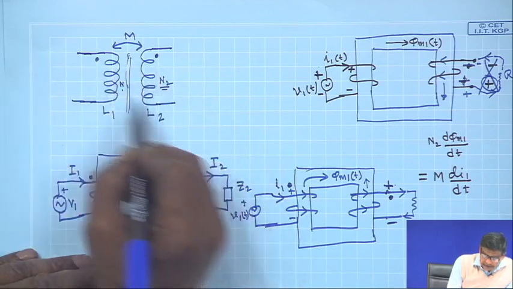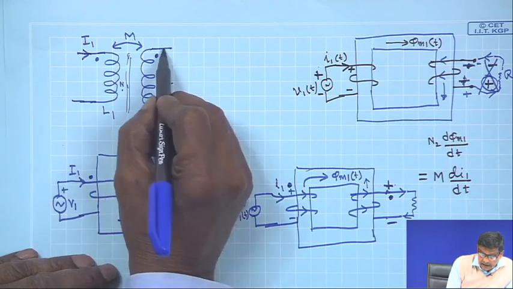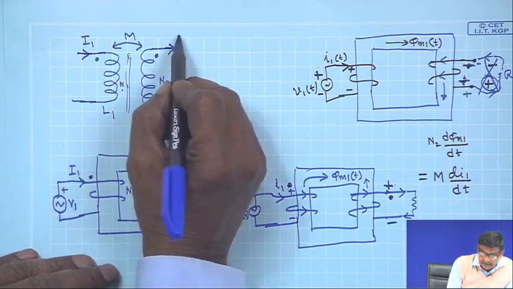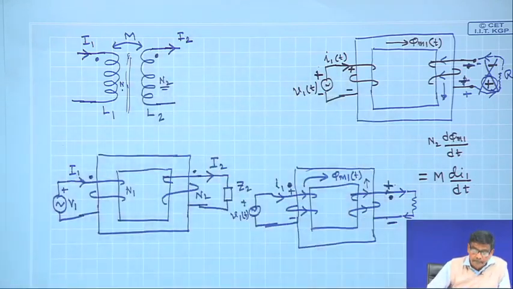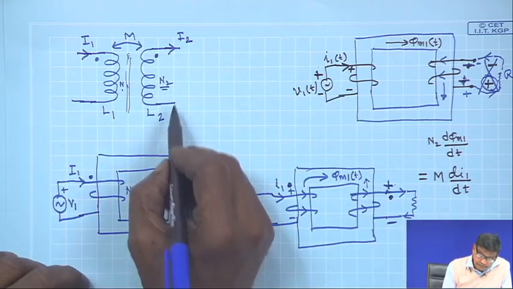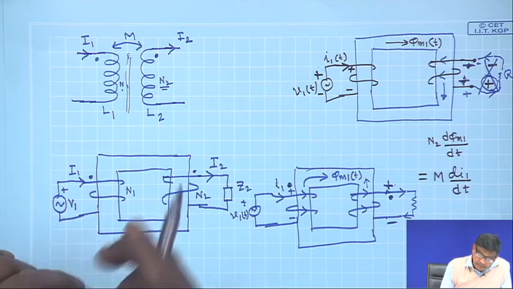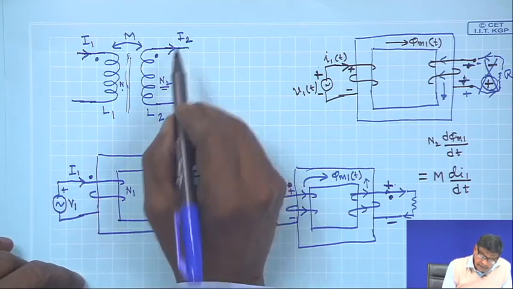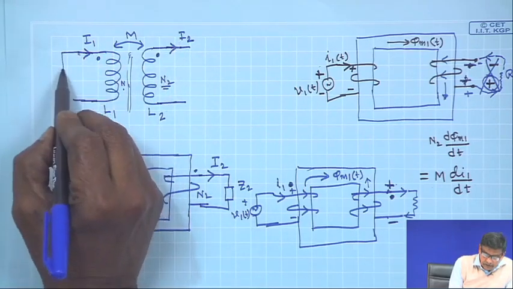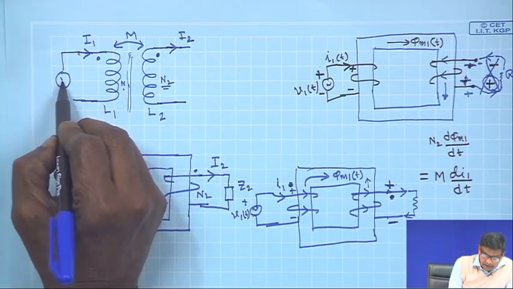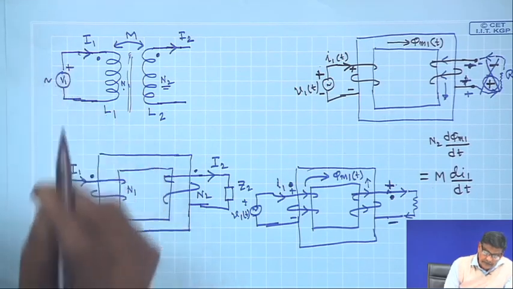Suppose this is the thing, it is carrying a current I1 and this is carrying a current I2 like this. And this is the source V1, an AC source, mind you, plus.